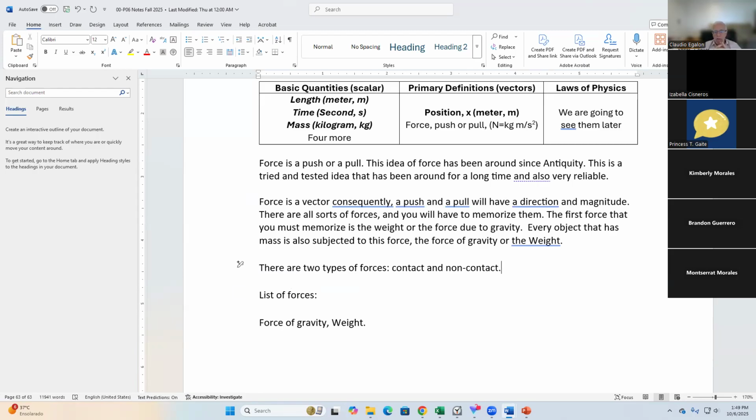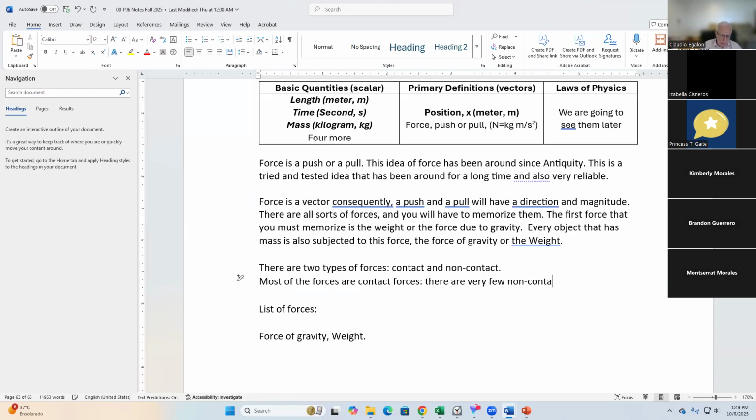Most of the forces are contact forces. There are very few non-contact forces, and we're going to talk about that. One of the most important forces that is also a non-contact force is the weight. Force of gravity, a non-contact force.